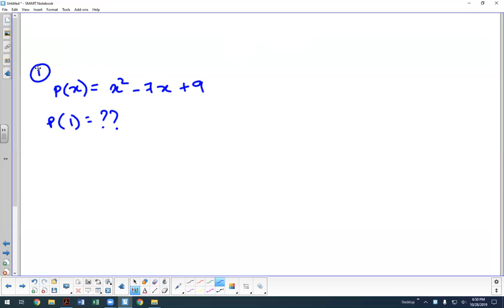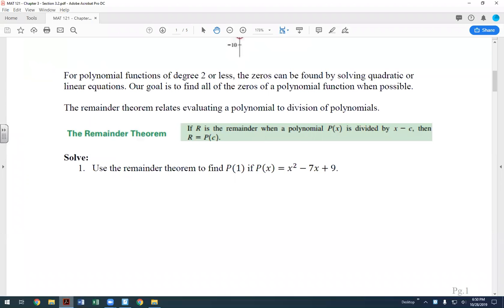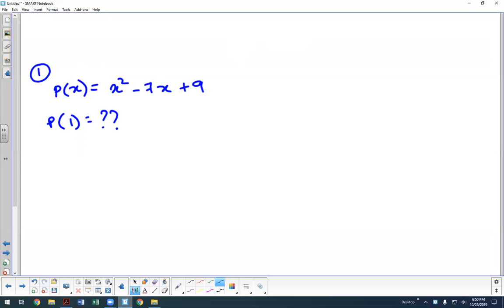Now remember how your remainder theorem said to divide by x minus c to see what kind of remainder you get? So our x minus c in this case is going to be x minus whatever that number is. So if it's x minus 1, that means my p is 1.